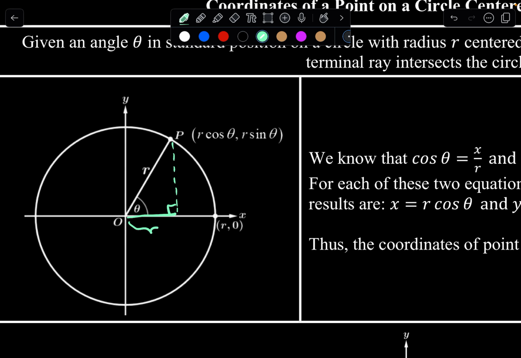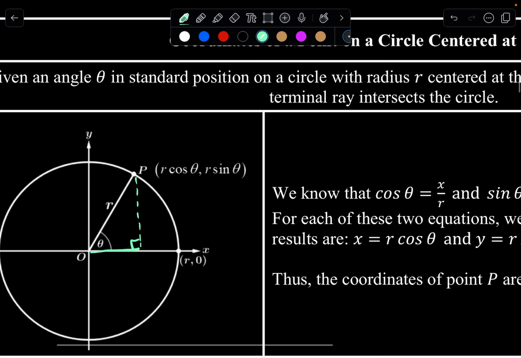So this side we can still call it cosine, or it's your x value. If it was 1, we could do that. So I want to be careful with how I say this. This will still be point x, y.